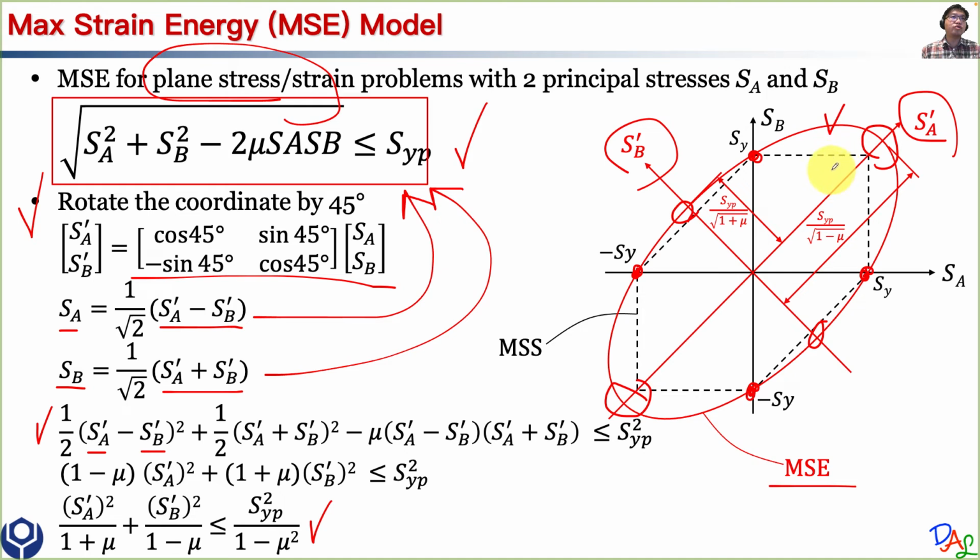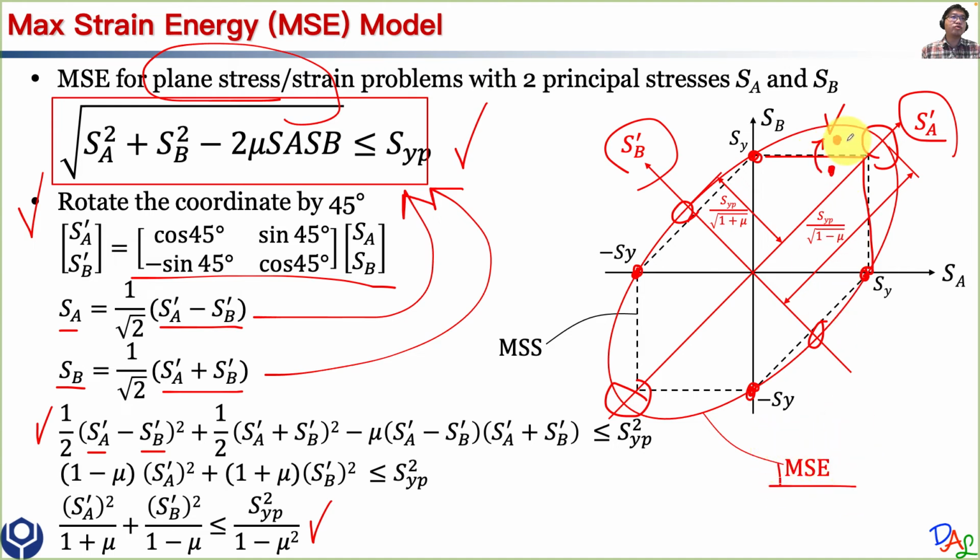So if originally we have a design right here, it's safe for the maximum shear stress model. But if we have a design on the top, which means we are carrying greater stress, for the maximum shear stress model, it's not good. It's outside of the boundary.